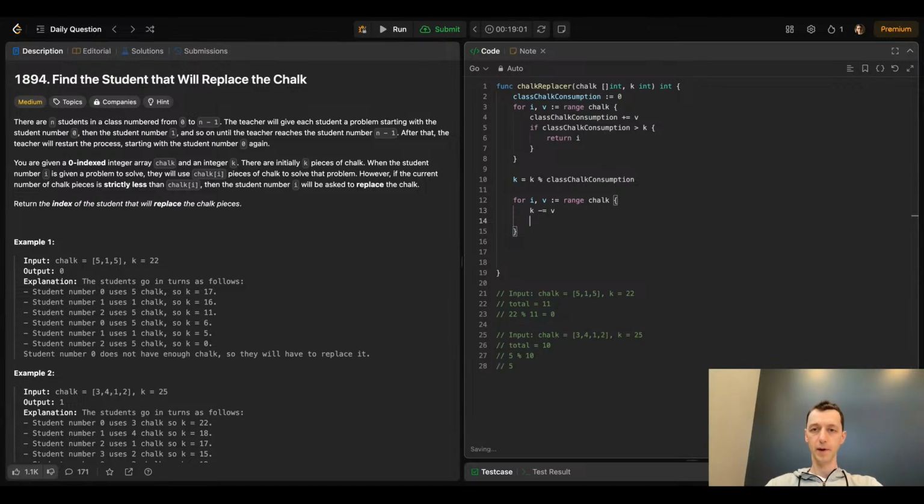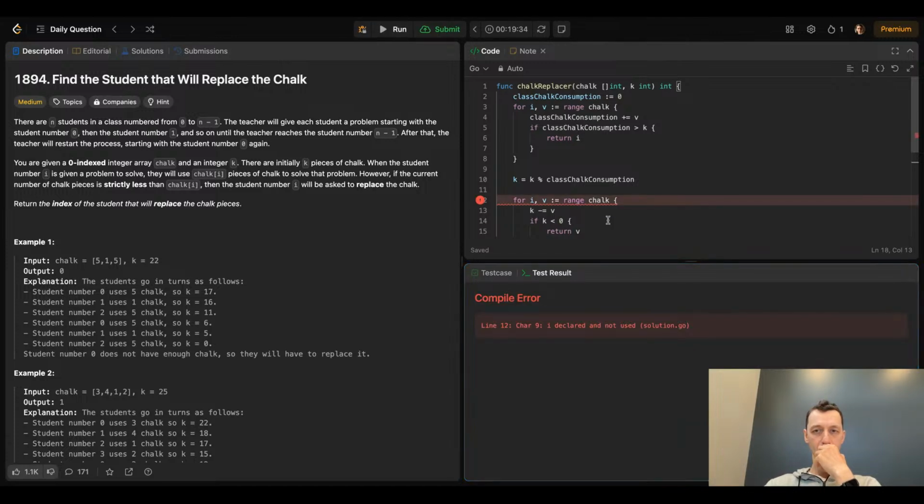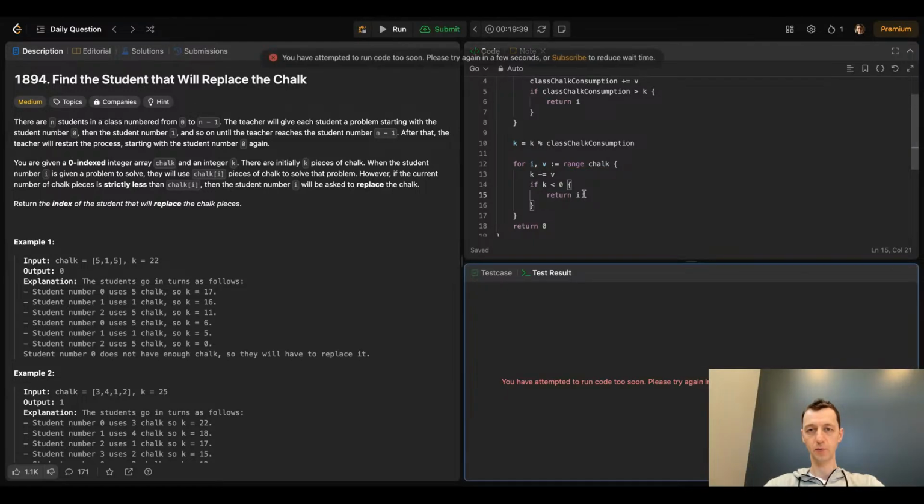So and if k is less than 0, we return b. What if I think we just need a simple return of anything here. Range chalk iv. Oh, return I. Oops.